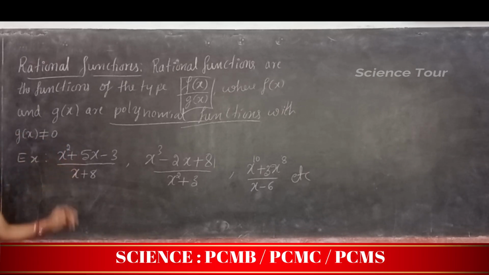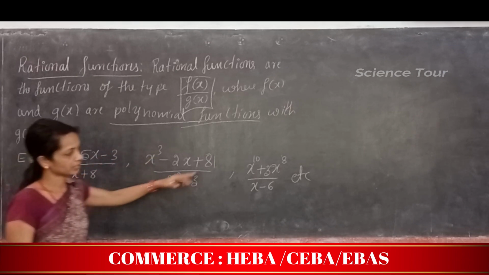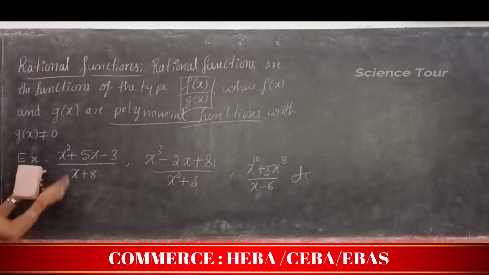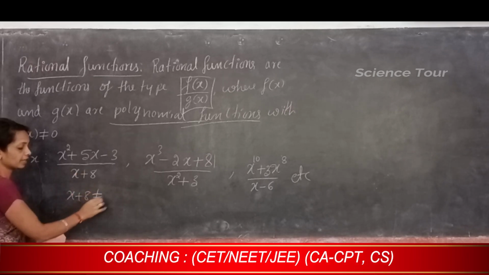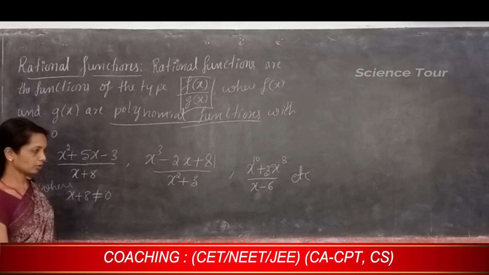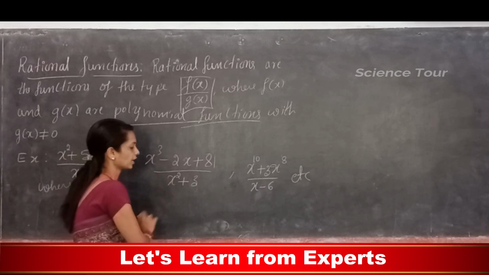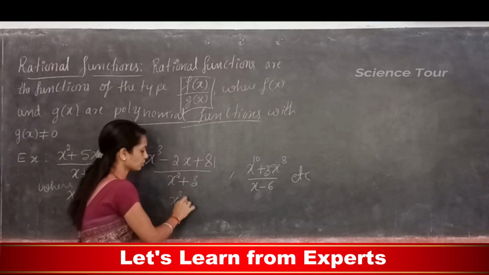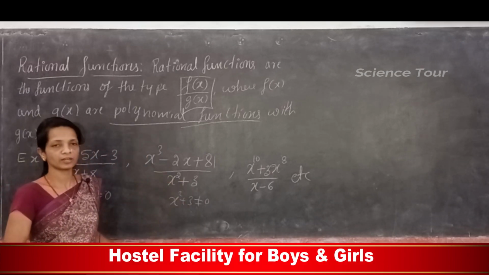For example, I wrote some rational functions. In these functions, both the numerator as well as the denominator are polynomials. Here you have to keep in mind that x plus 8, the denominator polynomial, should be not equal to 0, where x plus 8 not equal to 0, or x is not equal to minus 8. And here the denominator polynomial x square plus 3 is not equal to 0 for any value of x.